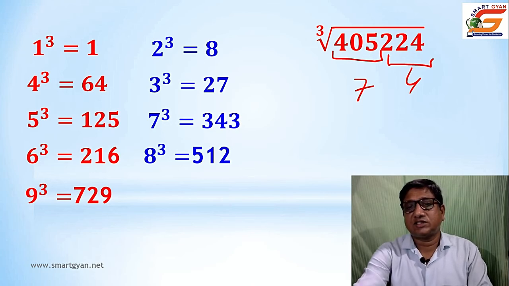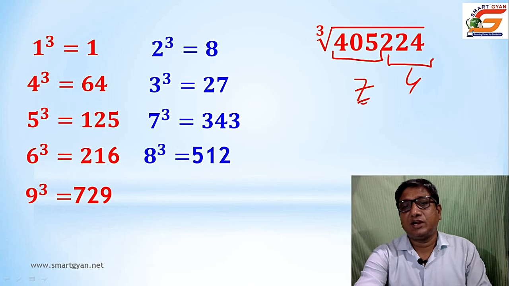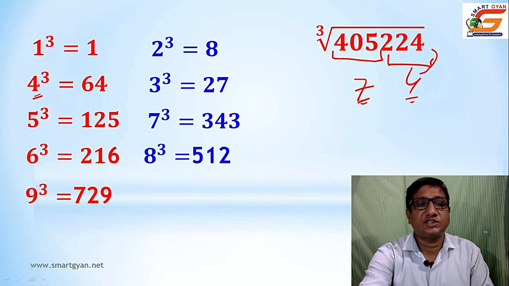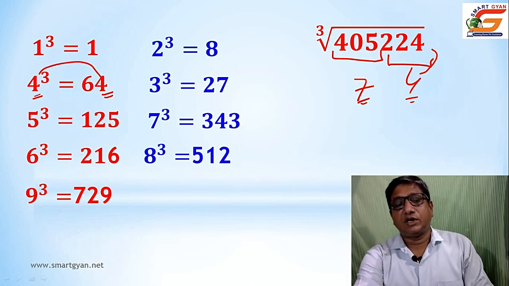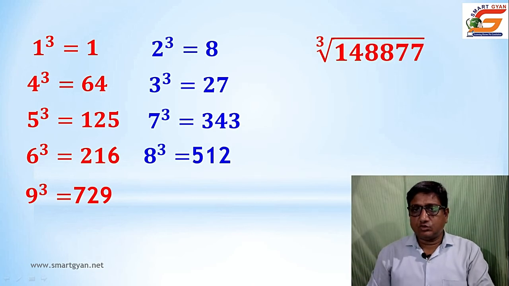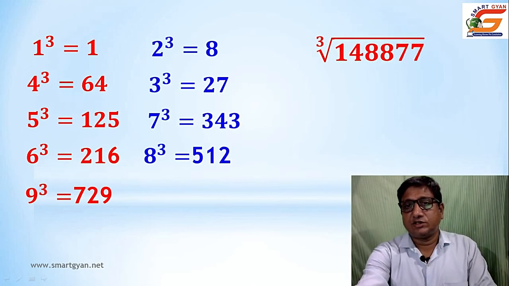That is why we take 7 as the left part, and 4 here, because 4 is a repeating digit. 4 cube is 64, unit digit 4. All the digits of the red column are repeating digits, where root digit and unit digit are the same. It is quite easy.